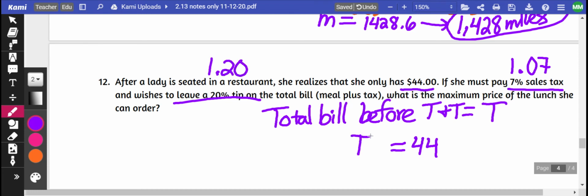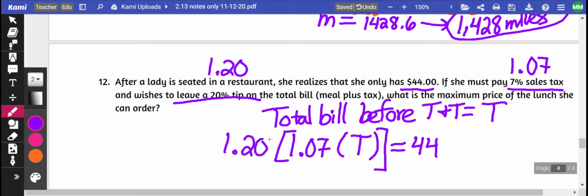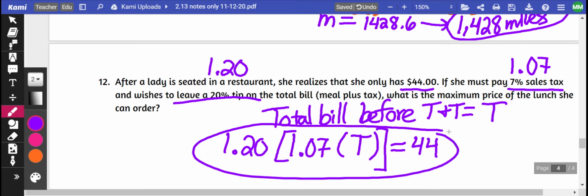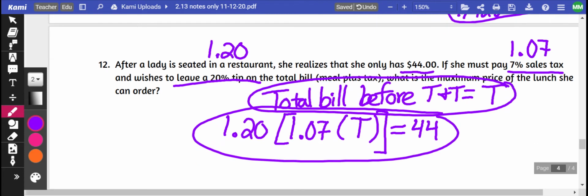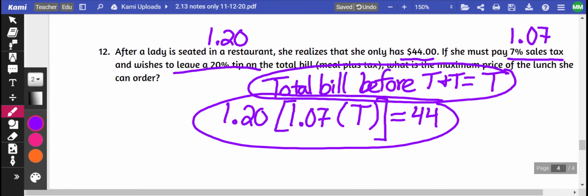And we only have to worry about T. Remember that you're going to apply the tip on the outside. Okay, that's your equation. That's your variable. And now all we have to do is solve.